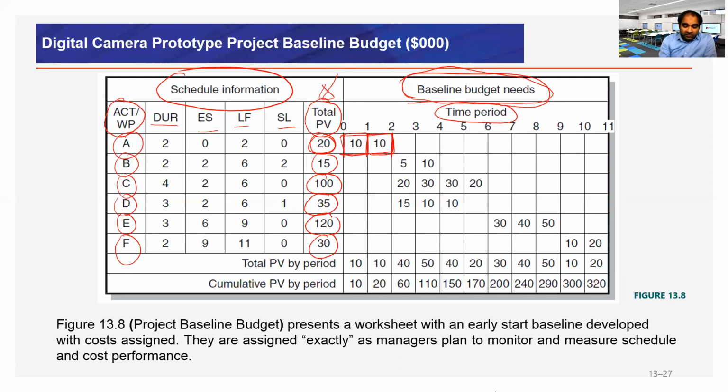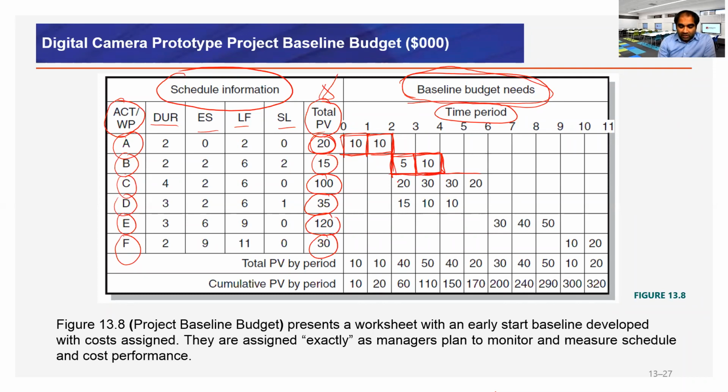Activity B, starting from week 2, has a budget of 15K. It depends on the people involved in activity B. Depending on the nature of the activity, we can define that from week 2 to 3, the amount of work on the table should be done by 5K, and the remaining 10K should be reserved for the second week.